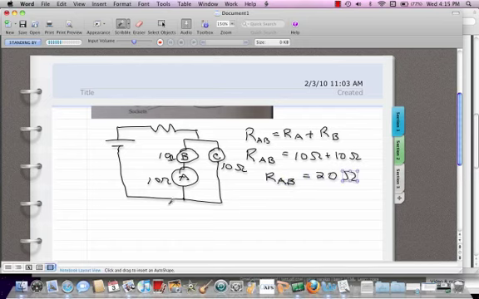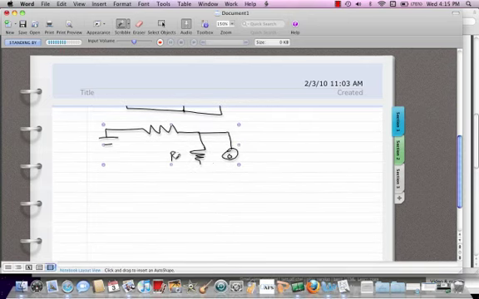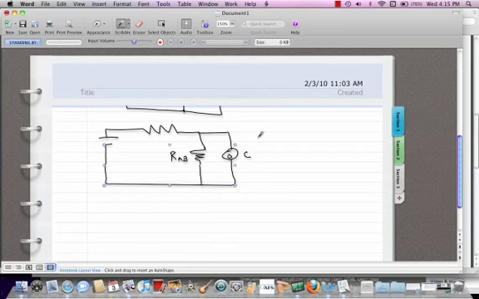Okay, so now I've got a new circuit that looks like this, and now I'm going to call this a resistor, and we'll have bulb C. And this is going to be RAB. This is C. Okay, so now I can see that these two resistors are in parallel, so I need to figure out the equivalent resistance for RABC.